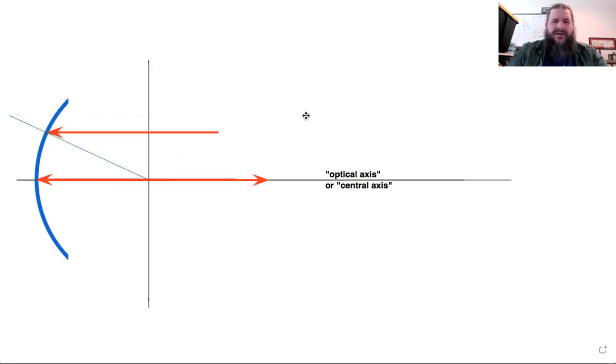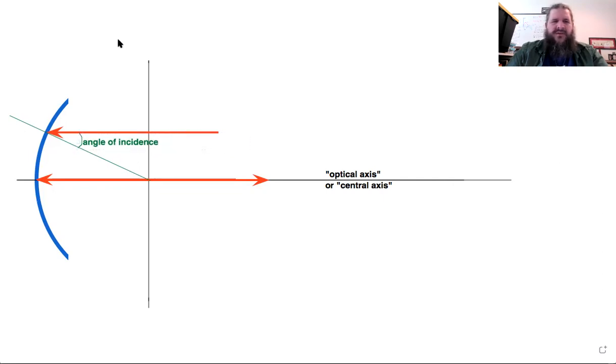And we're going to use the normal line to measure angles. The angle we care about, and this is true for both refraction and reflection, is the angle measured relative to the normal line itself. This angle would be called the angle of incidence. Angle of incidence just means the angle that the incoming ray of light makes with the normal line.